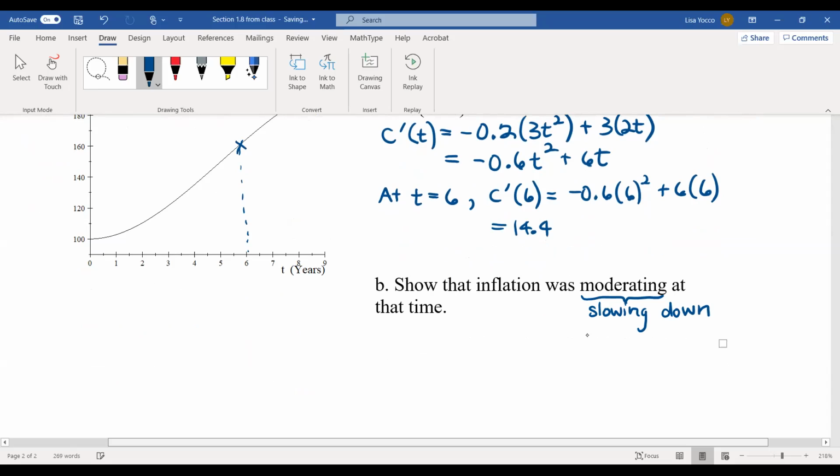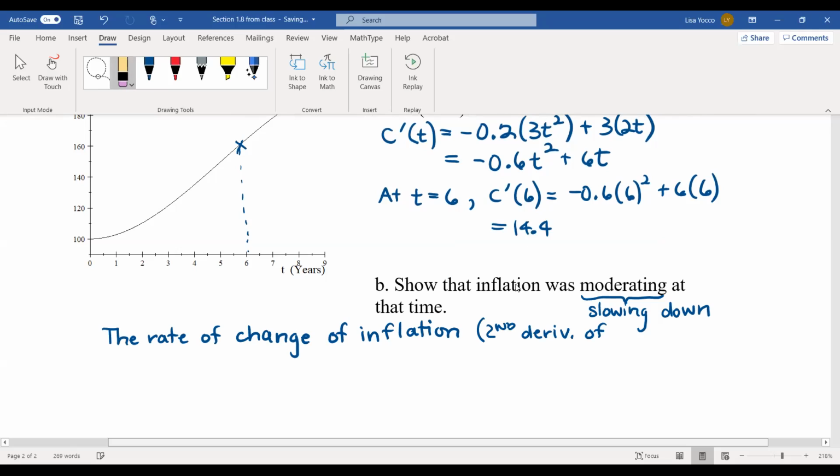So basically, what we're talking about here is the rate of change of the inflation. All right, the rate of change of inflation is the second derivative of inflation. Sorry, back up.